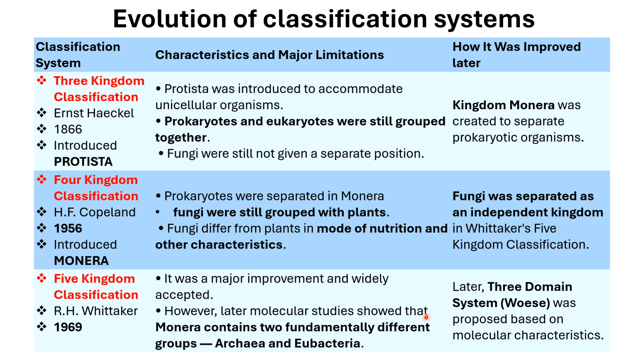But only one line in NCERT is given, so you do not need to go further into the details. Just the five kingdom classification, until that you need to understand very nicely. Okay, just remember that the three domain system was a development over the five kingdom classification.